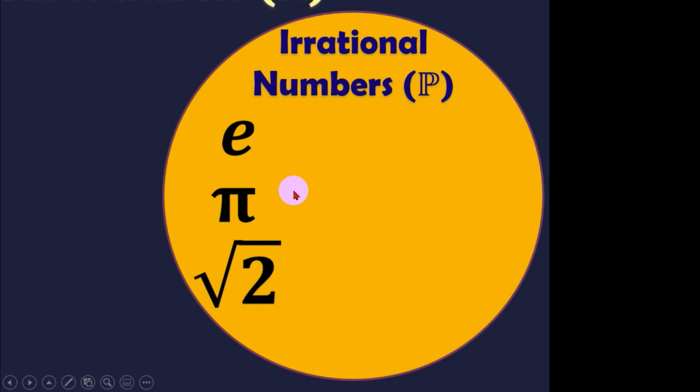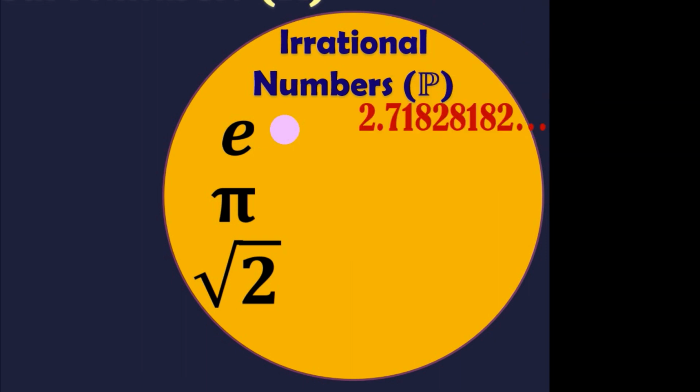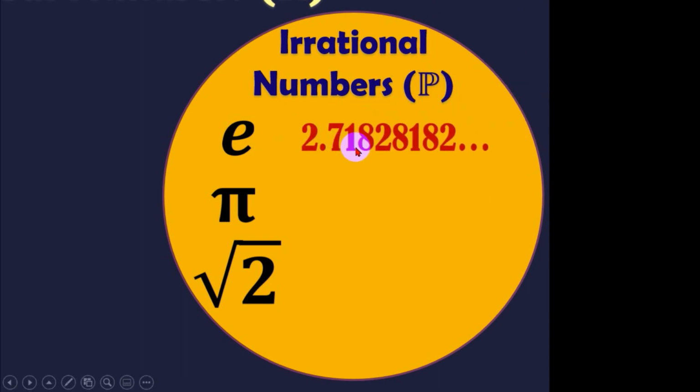In order for us to find the values of these numbers, we have to use a calculator. Okay, so to find the value of e, if we type it into our calculator, the calculator will give us 2.71828182, so on and so forth. This is a non-terminating number. When we say non-terminating, ibig sabihin, walang katapusan.